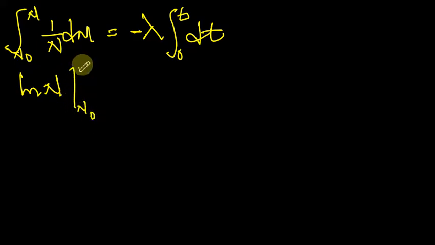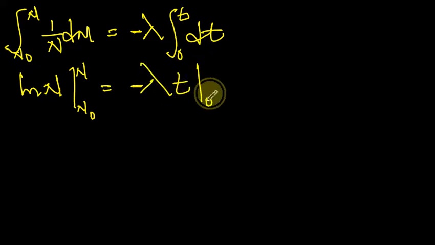but the boundary still remains from N naught, the lower boundary, to the upper boundary N, equals minus lambda. If you integrate the t, that gives us t as you go from 0 to t. Now the lower limit here, which is 0, is 0. That means it is out of this equation.